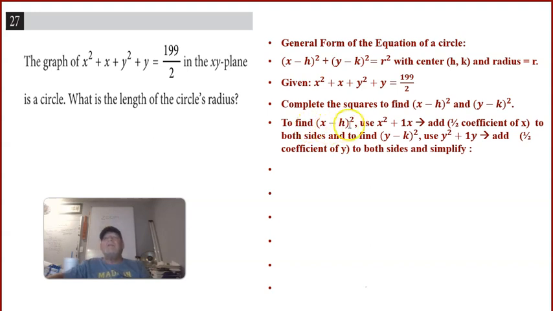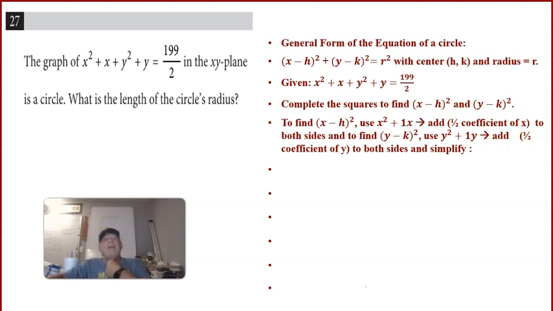So to find the (x minus h) quantity squared, I take my x squared plus 1x, that's what I have here, and I'm going to take 1/2 of the coefficient of x. Well, that coefficient of x, I've written the 1 there because it's 1, and 1/2 of 1 is 1/2. And then I am going to square that and add it to both sides.